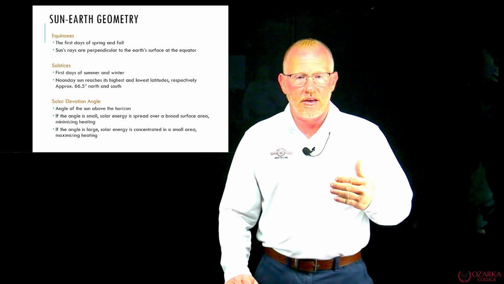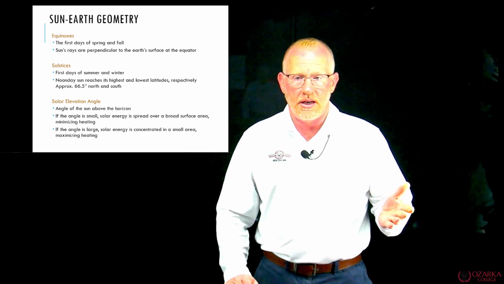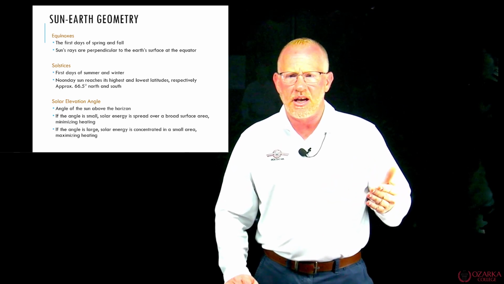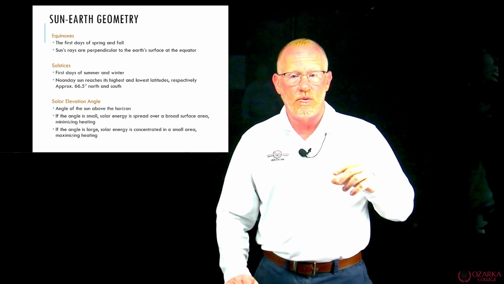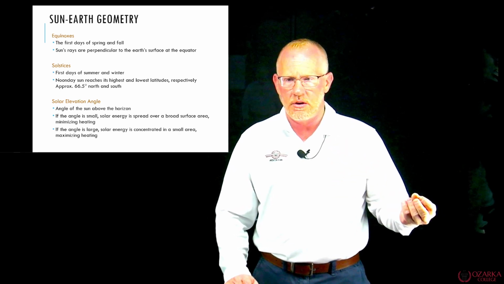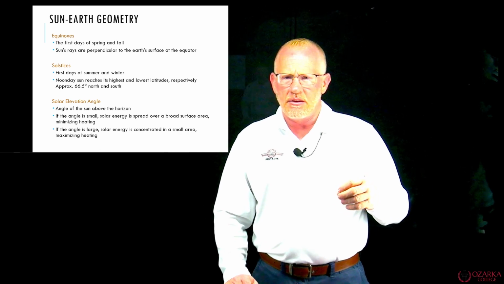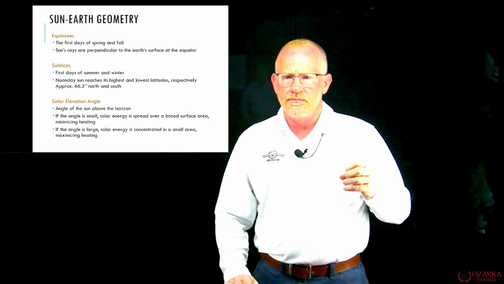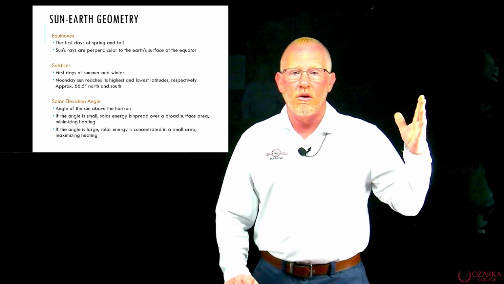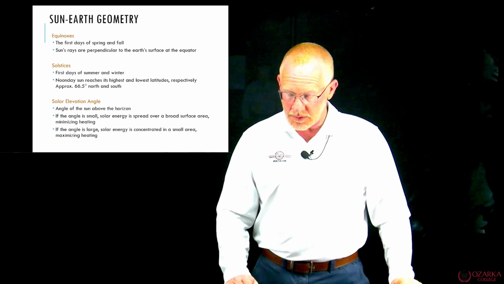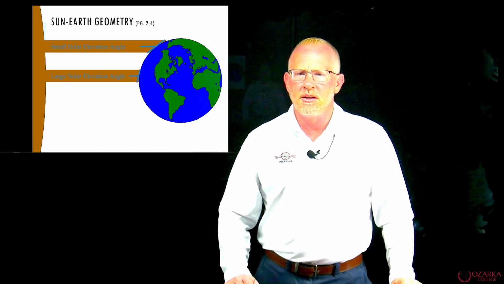So let's take the wintertime, okay? In the wintertime, the angle is small, therefore we have a cooler, colder temperature. During the summer, the angle is big, it's large, therefore we have hotter weather during the summer, okay?